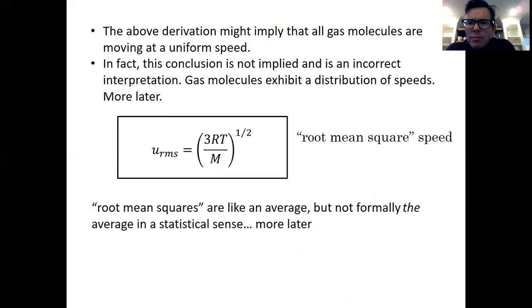Gas molecules exhibit a distribution of speeds. What we're technically measuring here is something called the root mean square speed. And so we're going to give this the label RMS for root mean squared. Root mean squared is given by this expression. You may be wondering what this is, and what I would say is basically it's like an average, but it's not actually the average. And we'll talk about this a little bit more later.